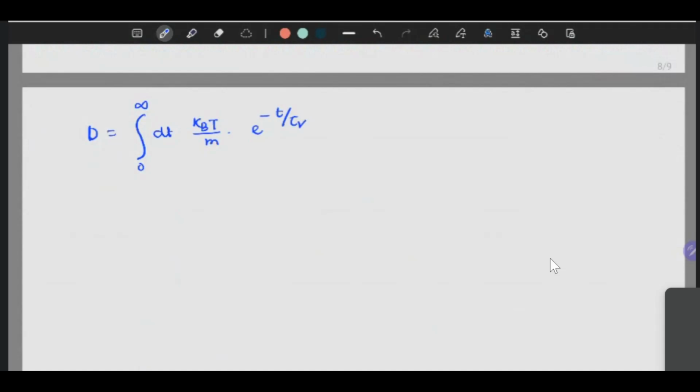So from here you can easily write kBT by m into minus e to the power minus t by tau v divided by 1 by tau v, from 0 to infinity. For infinity it will be 0, for 0 it will be 1, but there is a minus, so minus minus cancels out, and it becomes kBT by m into tau v.